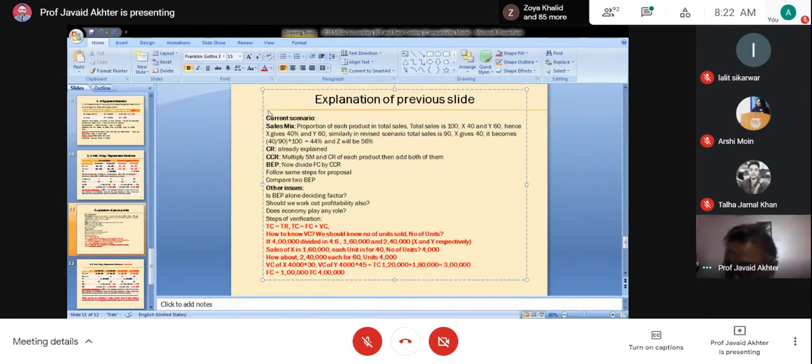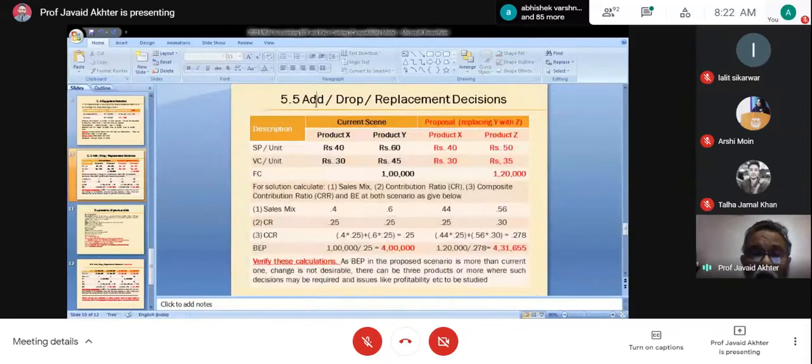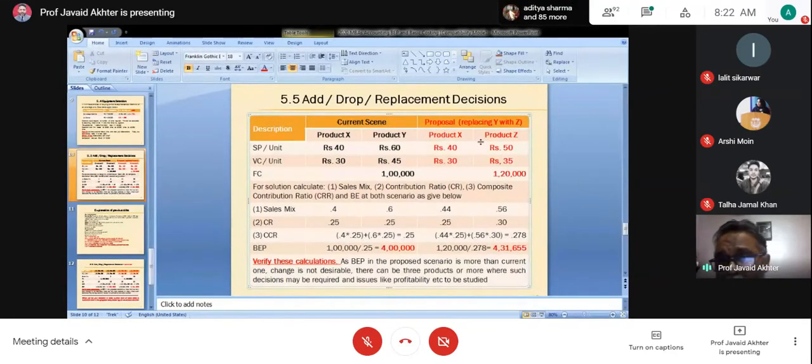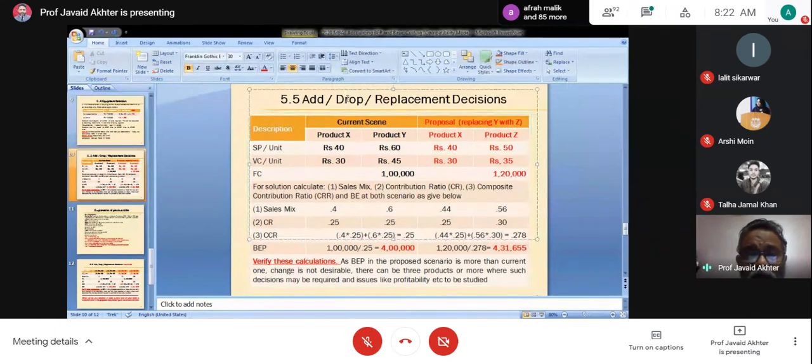So this is how we can decide about product replacement. The same thing will be applicable in case we wish to add. In this example, I explained X and Y current, Y and Z proposal. In case we wish to illustrate the drop decision, we may have three products X, Y, and Z, and we may think of dropping X. If we say replacement, this is the example of replacement.